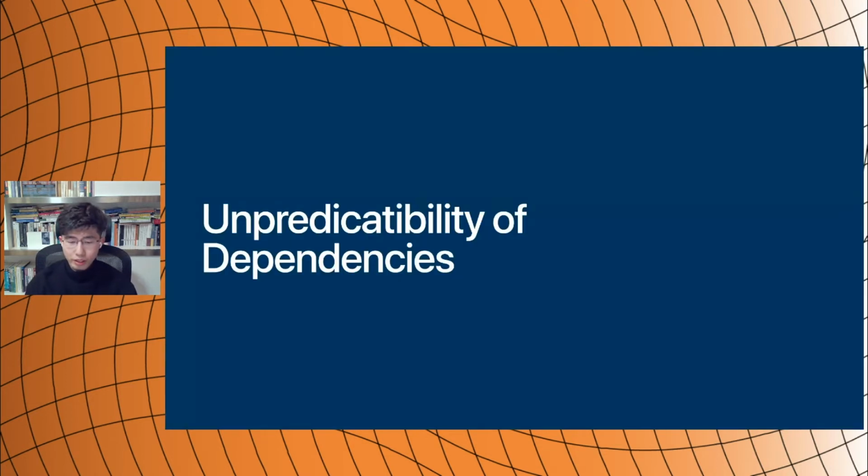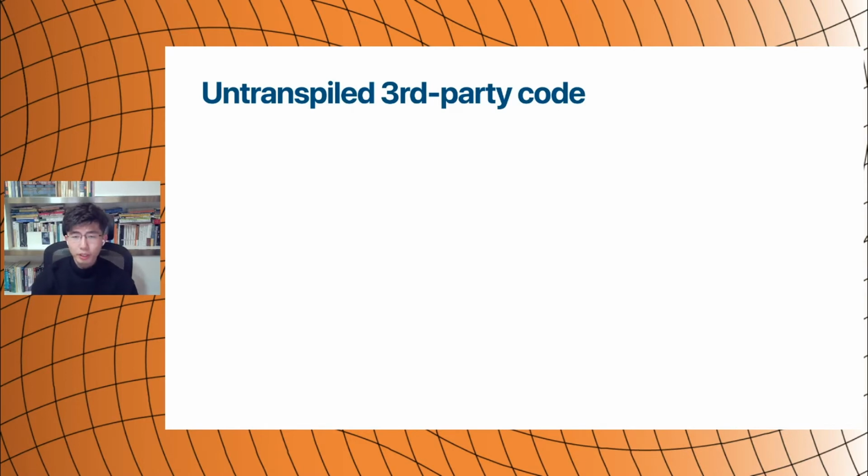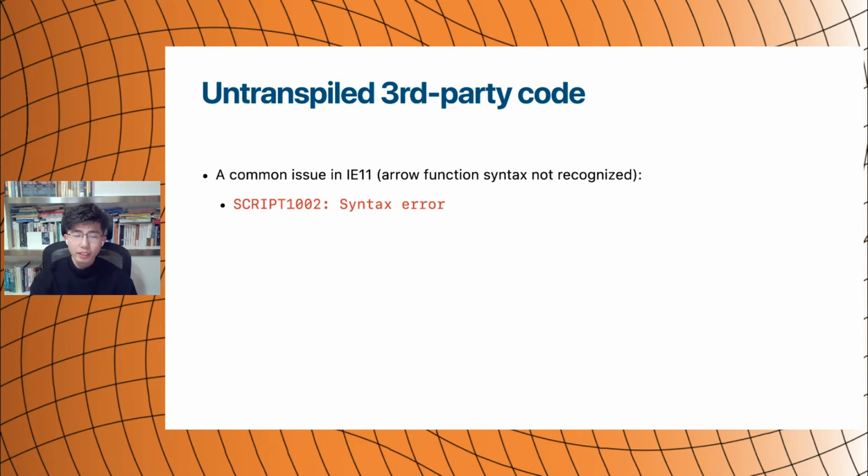The second major source of complexity in CLI development, I think, is the unpredictable dependencies. If your app has to support IE11, you might be familiar with this error code, SCRIPT1002 syntax error.